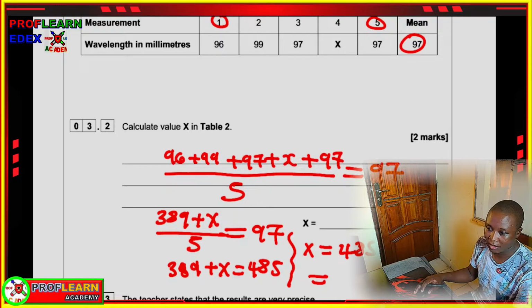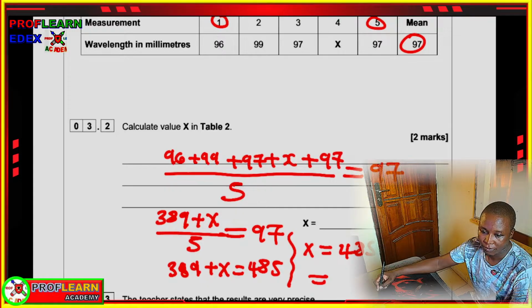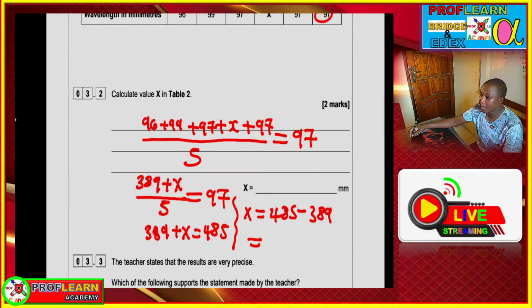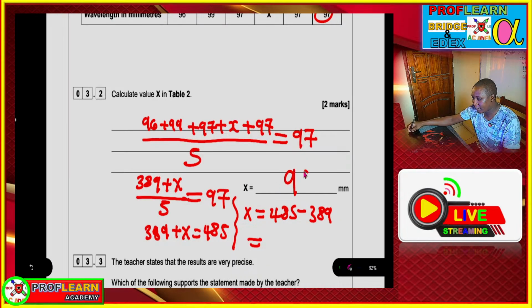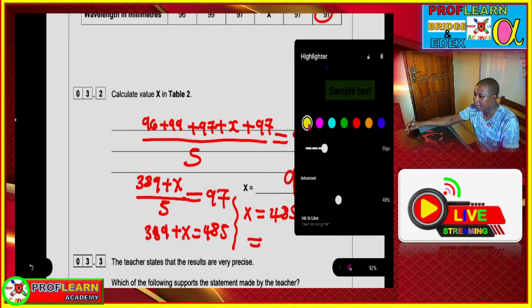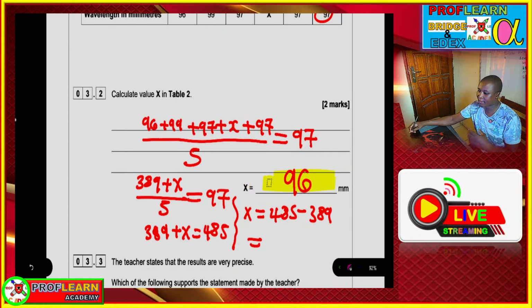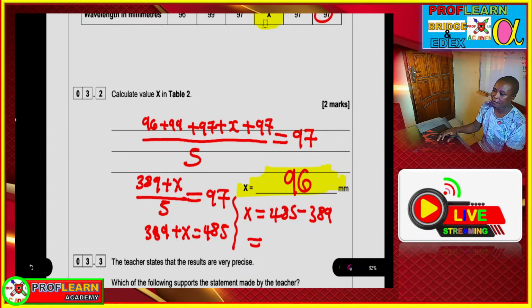Let's write in the chat section. Working it out, we get 96. So 96 is the value of x in this case.